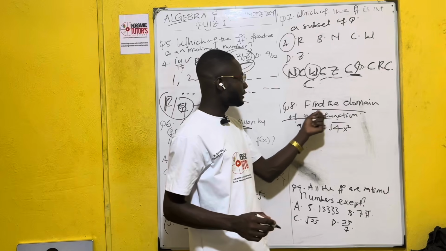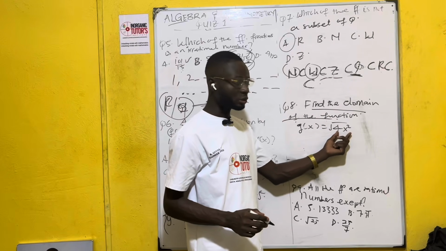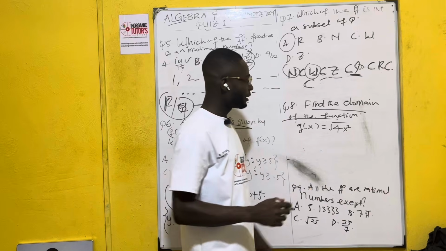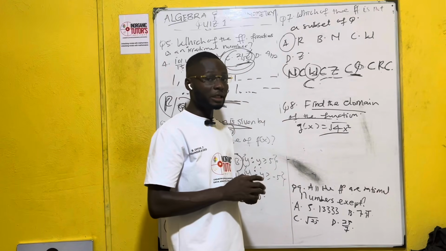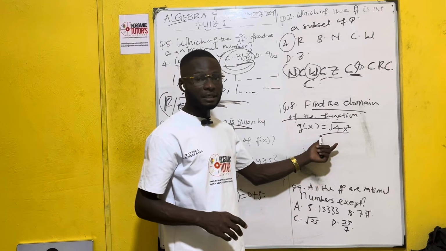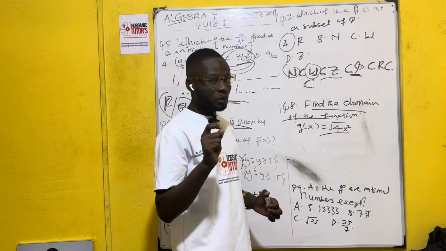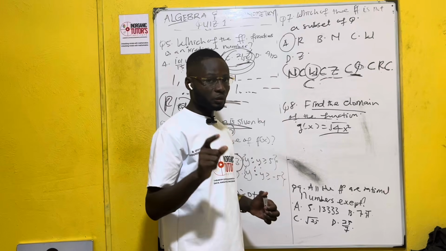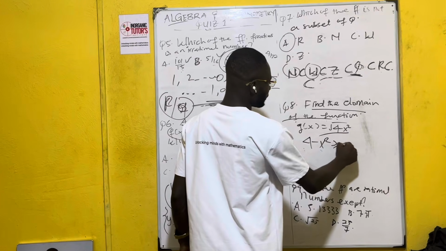Okay, question number 8. We want to find the domain of this function, right? G of x is equal to square root of 4 minus x squared. Remember, if you have an argument under the square root sign only, and you want to find the domain, then you have to equate the argument under the square root sign to greater than or equal to 0. So we have 4 minus x squared greater than or equal to 0.